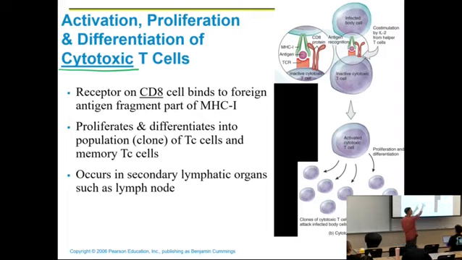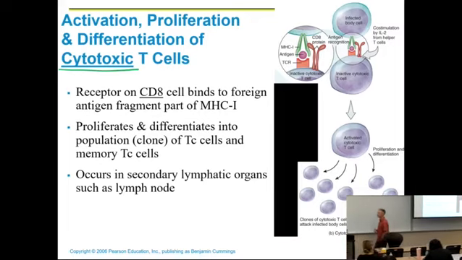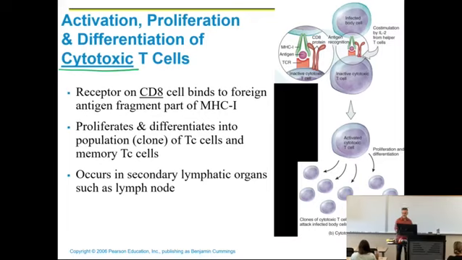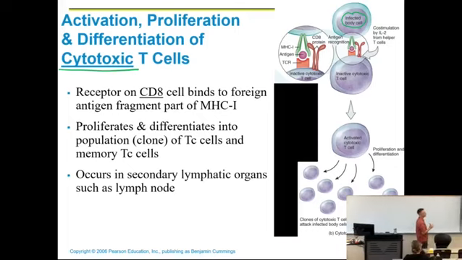But what we see in the upper right-hand corner there is now an inactive cytotoxic T cell, and it's going up and it's being presented with a foreign antigen from a different type of cell. So what we see here is an infected body cell. Okay, so we have a cytotoxic T cell that's not going up to an antigen-presenting cell.